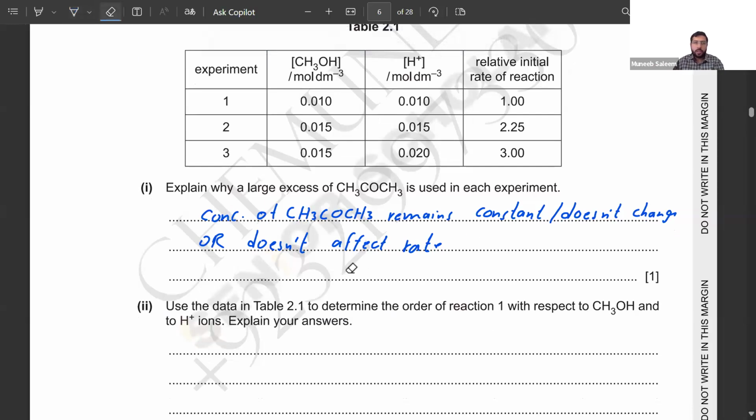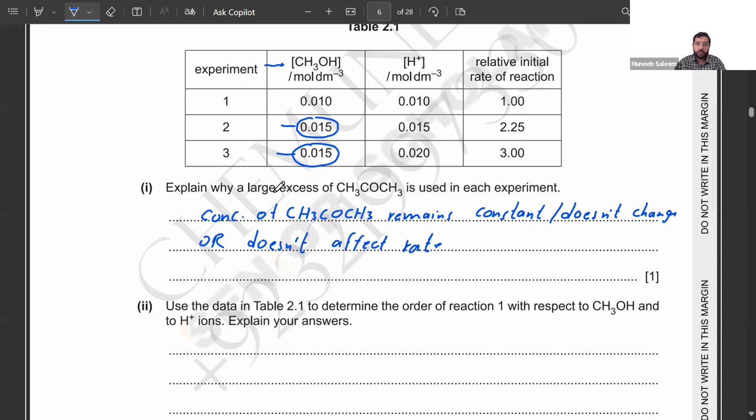To make it easier, I will first find the order with respect to the hydrogen ion, since you can see here that methanol has two values which are totally constant.